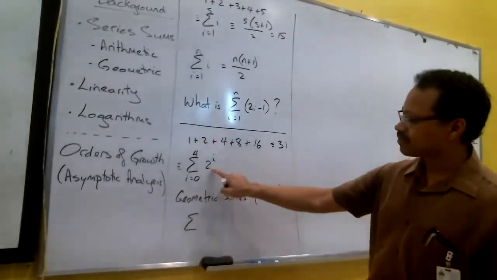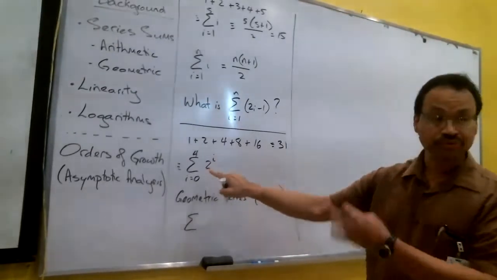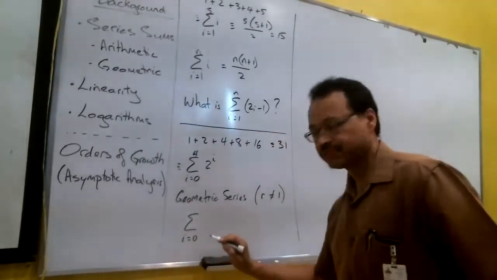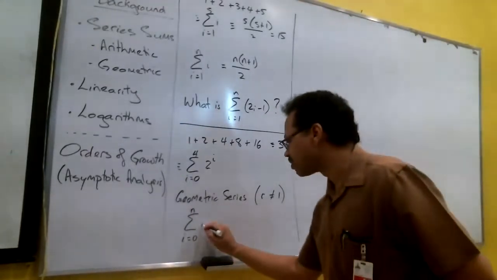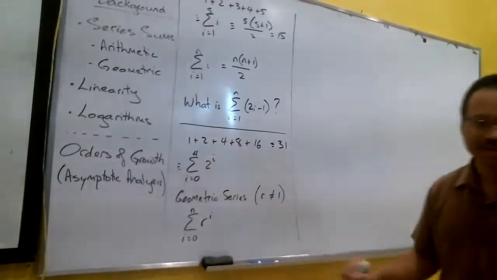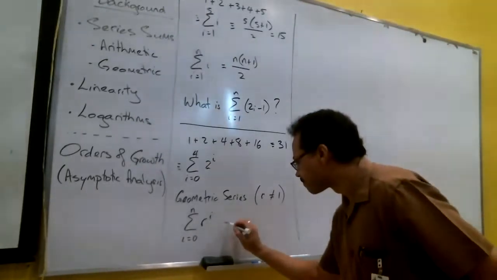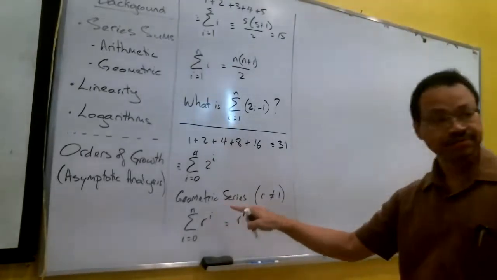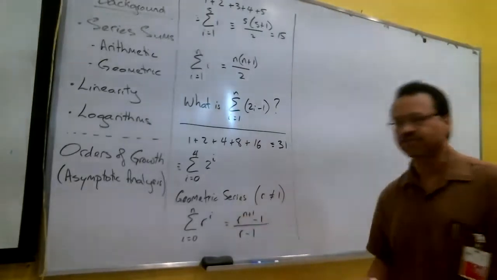In this example, r is 2. But in general, if I start from 0 and I go up to an nth term, and what I'm summing is some constant ratio r raised to that power, the final answer is going to be the ratio raised to the next power, minus 1, divided by the ratio minus 1.